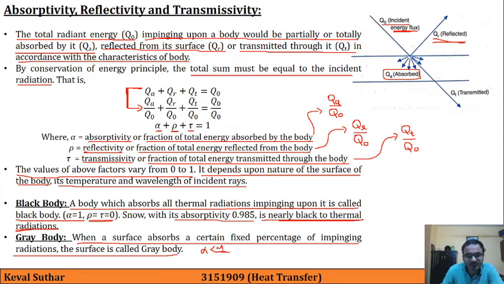That is the characteristics of grey body. So for example, it can be like alpha equal to 0.75. So this is the example of grey body where this percentage will remain fixed.